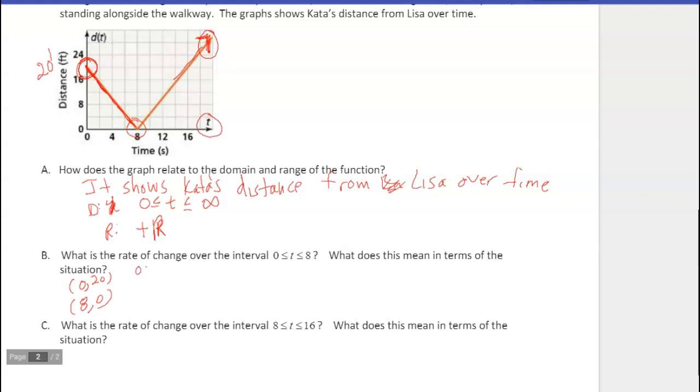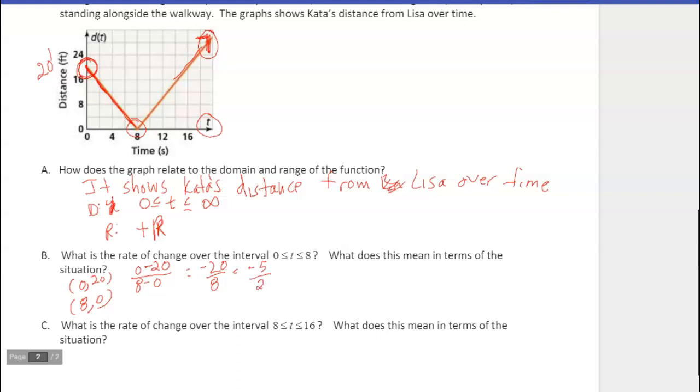So what you end up getting is, if we use our slope formula, 0 minus 20 on top and 8 minus 0 on bottom, so you get negative 20 over 8, which you can divide both of those by 4. So when I divide both of those by 4, I get negative 5 over 2.